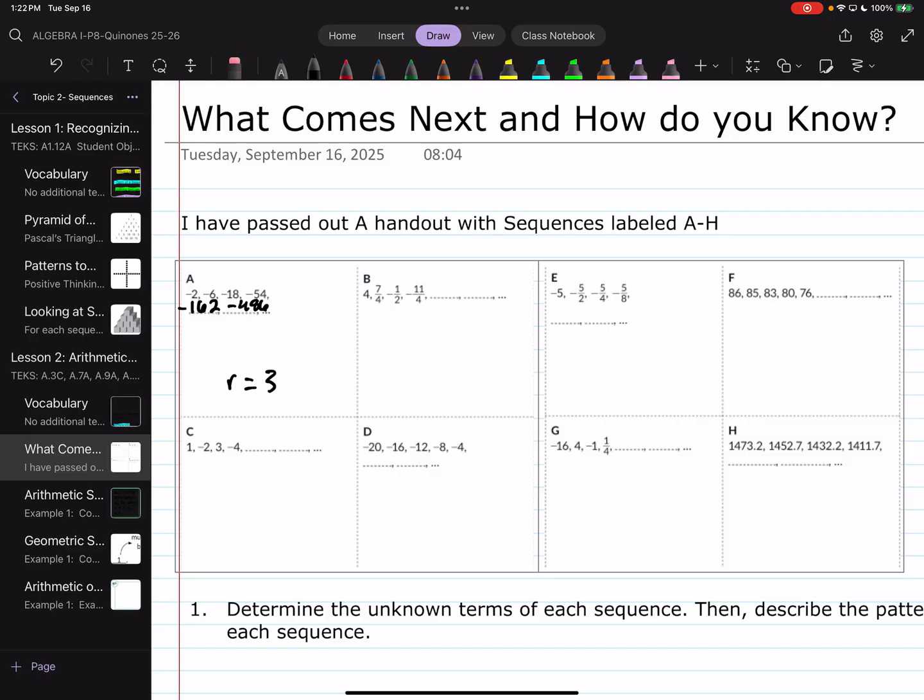Well, because each one, going from one to the next, it has to be, let's say these are the 4 numbers.